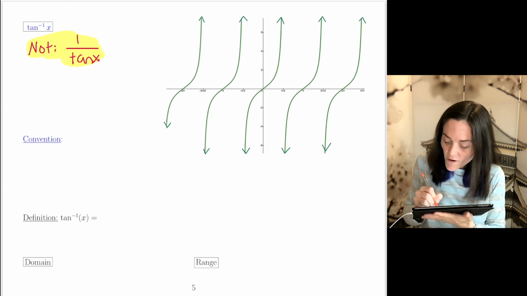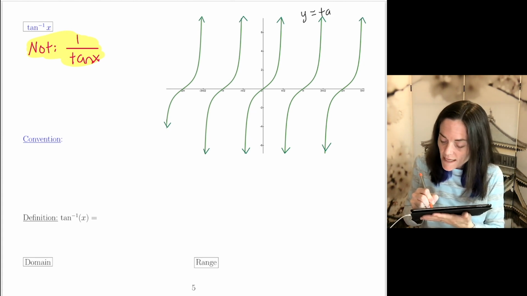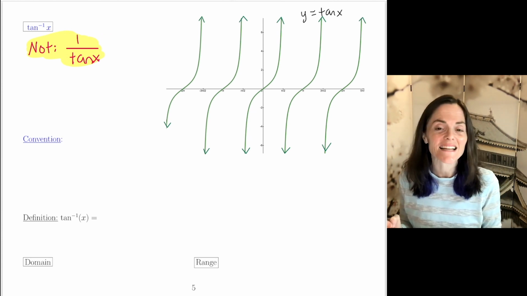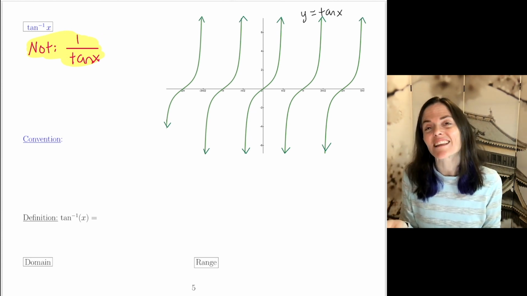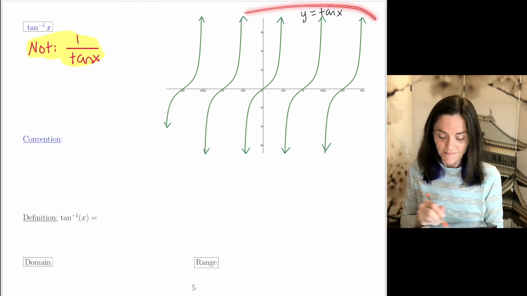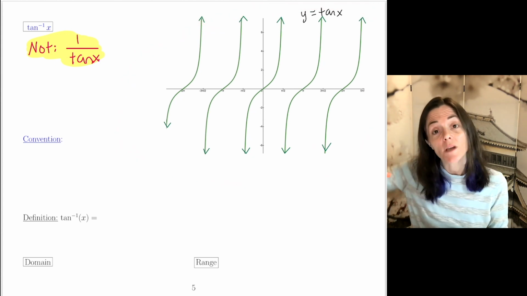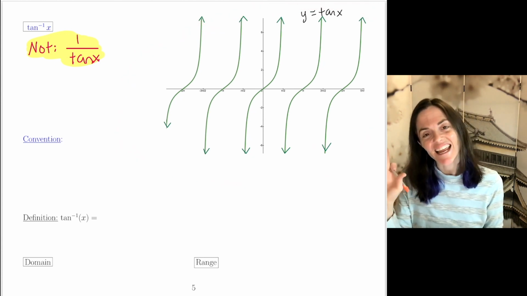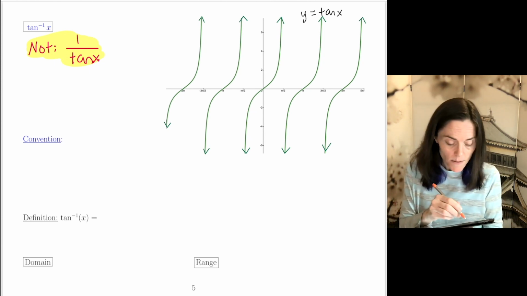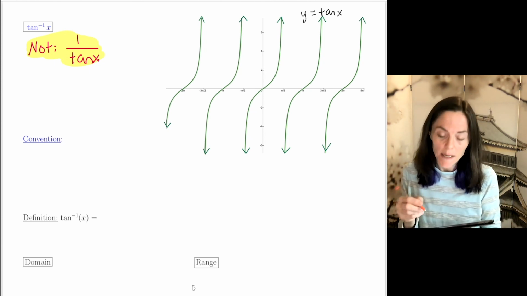So if we look at the graph, here's y equals the tangent of x. The question is, how do we restrict the domain such that when you flip what's left about the line y equals x, or interchange x and y, we pass the vertical line test? So I will highlight it, then we can write it below.